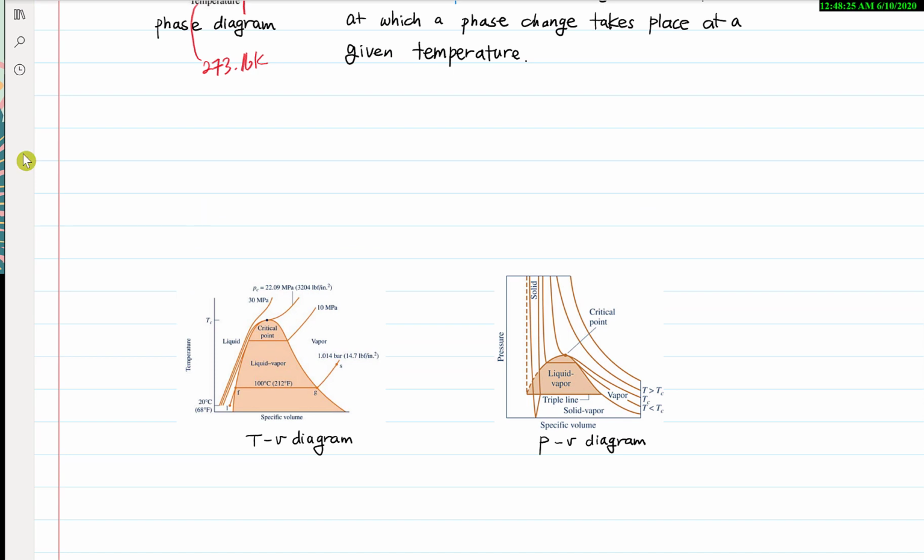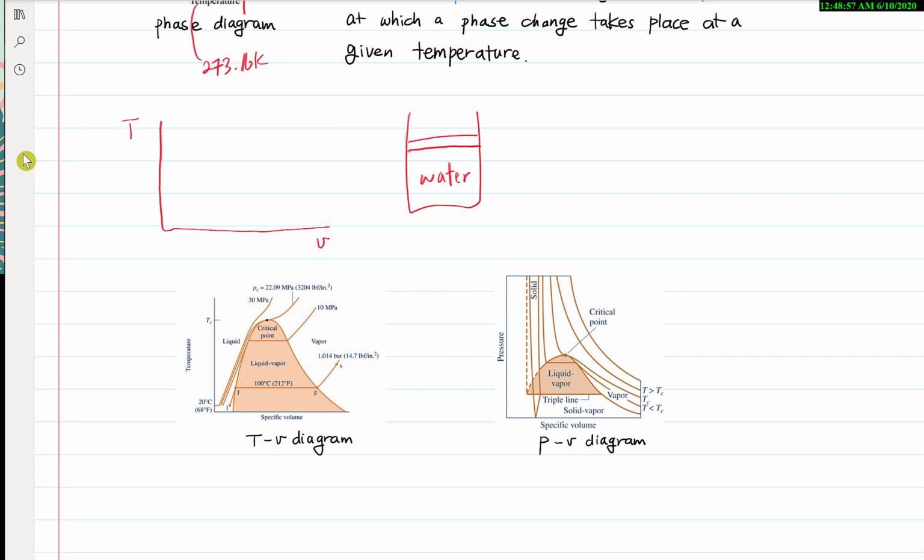Let's see the TV diagram, temperature and specific volume. You may be familiar with the TV process for water. Consider a closed system with water, and it has a very light lid.